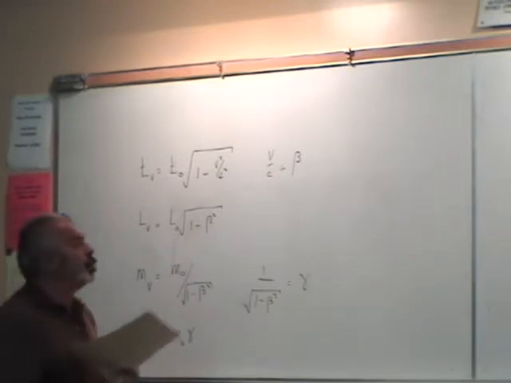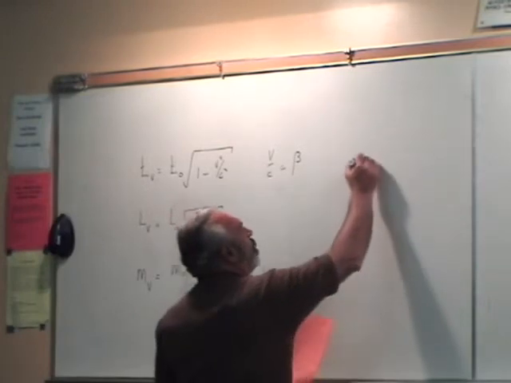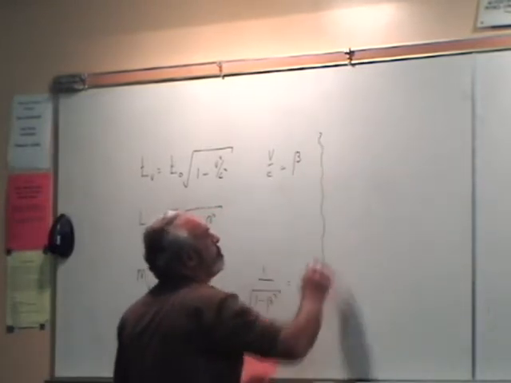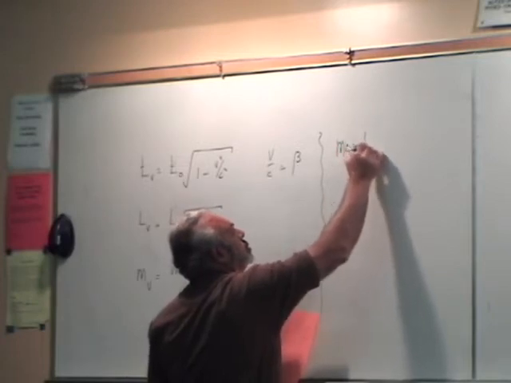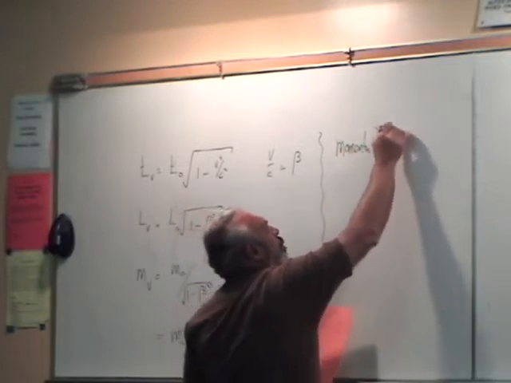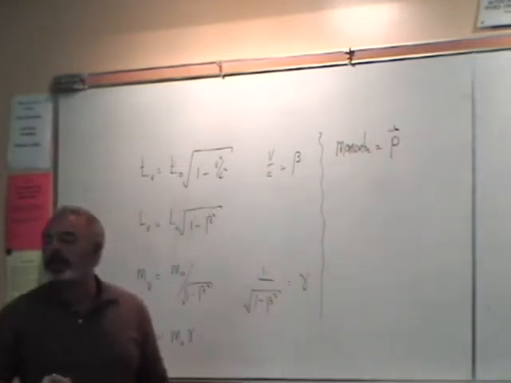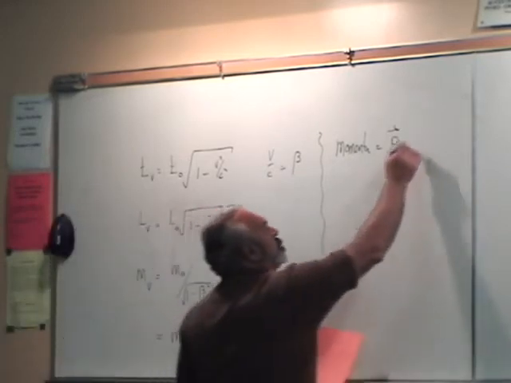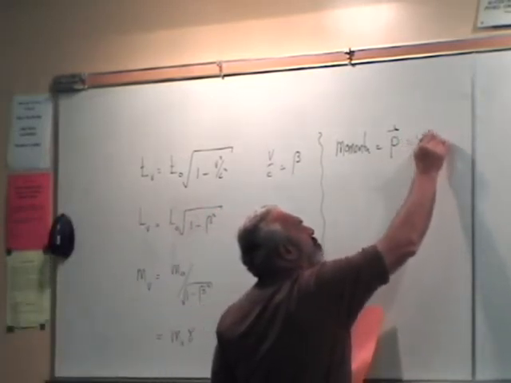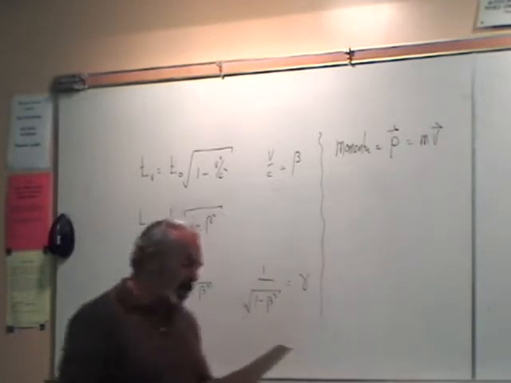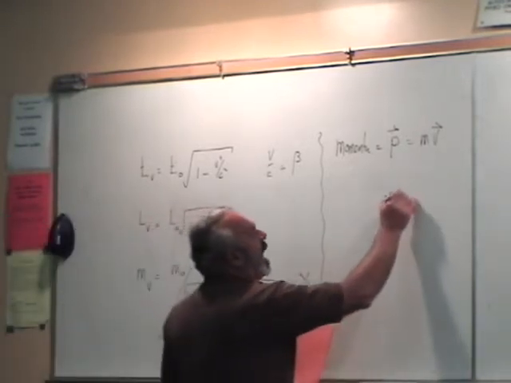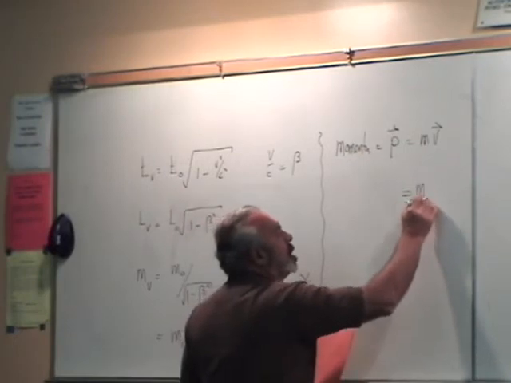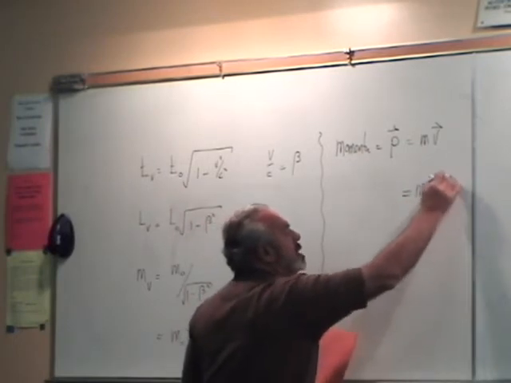Of course, as you recall from Physics 4, momentum is equal to P, and I'll put the vector hat on it just to remember that momentum is a vector, is given by mv, and the velocity is where you get the vector sense. Well, for us now, that means m naught gamma v.